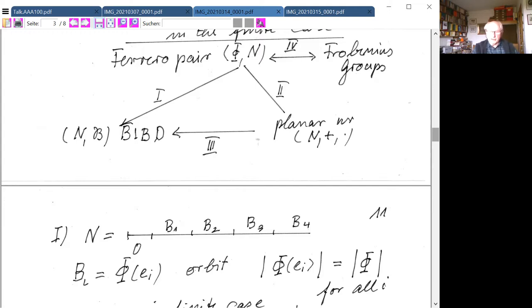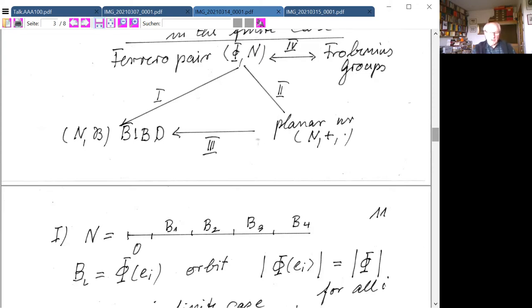One concept is that a Frobenius group is a semi-direct product of a group of automorphisms with a group on which it acts.